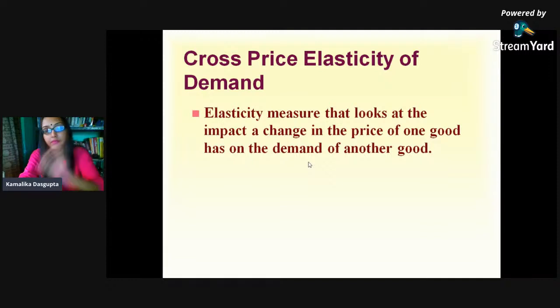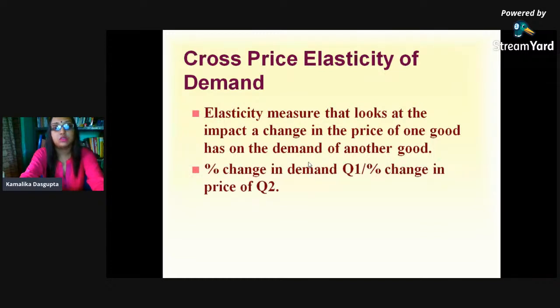So, the impact of a change in the price of one good on the demand of another good, that is cross price elasticity of demand. So, percentage change in demand of commodity 1 divided by percentage change in price of commodity 2. This is the formula for cross price elasticity.